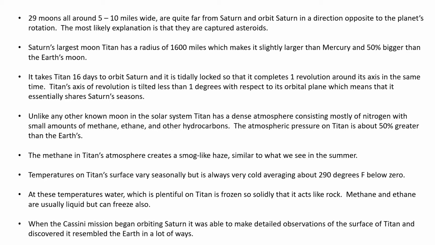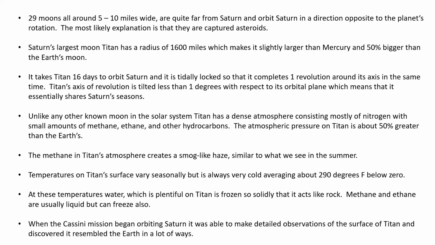In fact, because of this dense atmosphere and because Titan, being a lot smaller than the Earth, has a lot less gravity, if we were ever able to send astronauts to Titan, if they attached wings to their arms, they could fly. They could just flap their arms and they'd take off and fly just like birds. So it kind of makes you wish you could be an astronaut and go to Titan.